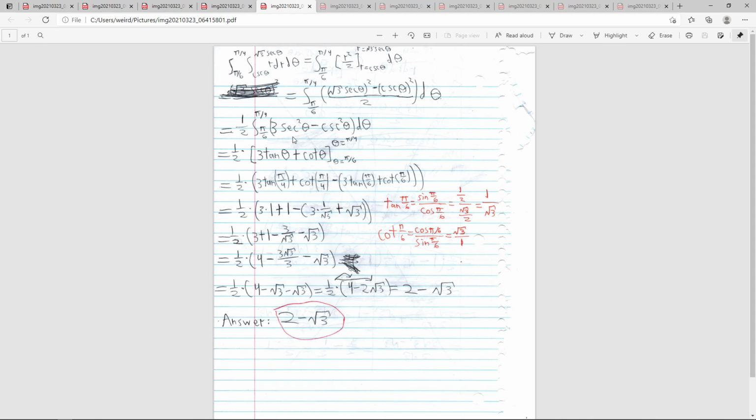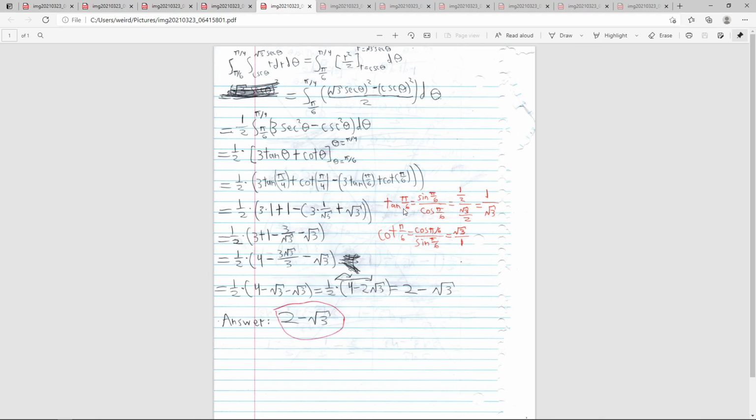Because we have exact integrals for these. It becomes 3 tangent theta, because the integral of secant squared theta is tangent theta, and minus the integral of cosecant squared theta. The integral of cosecant squared theta is negative cotangent, so it becomes positive in this case. So you add cotangent theta. We have the limits theta equals pi fourth and theta equals pi sixth, so we just evaluate at these points.